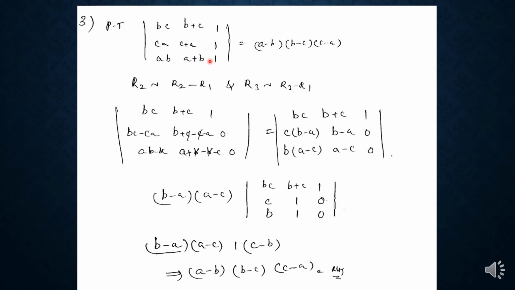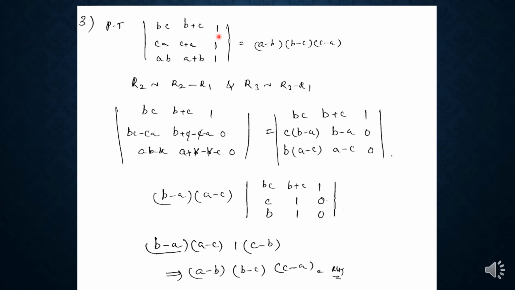See here, in the third column three ones are there. So by using row operations, change two ones into zeros. If three ones are there in a column, make row operations. If three ones are there in a row, make column operations to change ones into zeros.